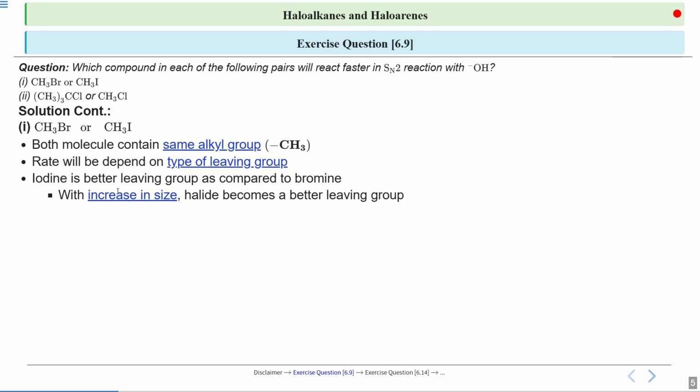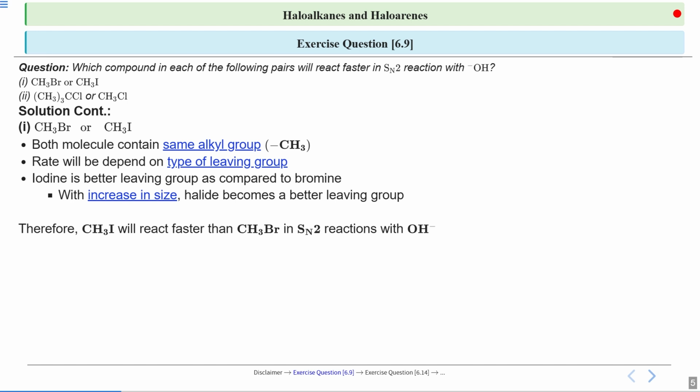Iodine comes at the very bottom of the group, so it will have a larger size compared to bromine. If we have a better leaving group and the same alkyl group in the molecules, then the rate of reaction will be larger with the molecule having the better leaving group.